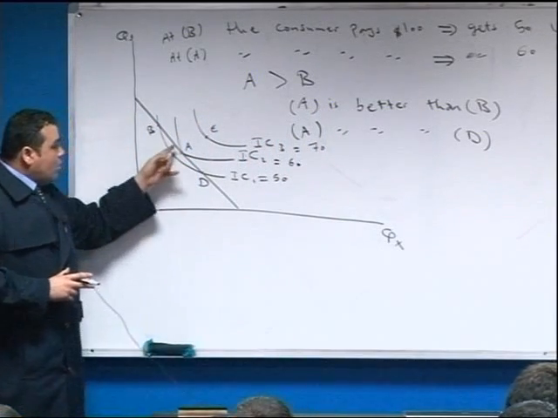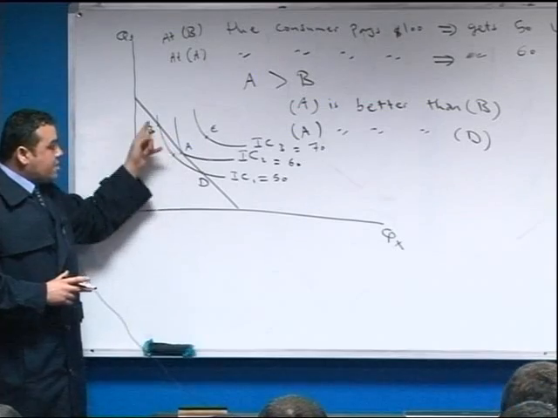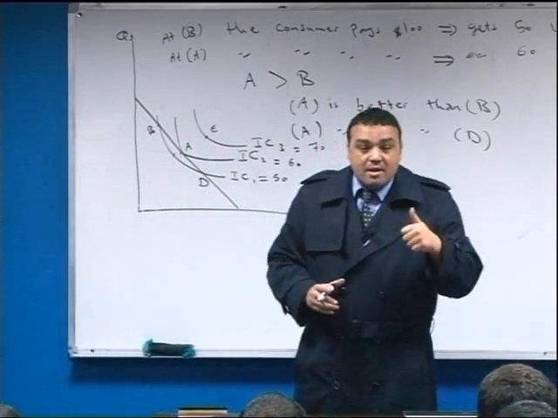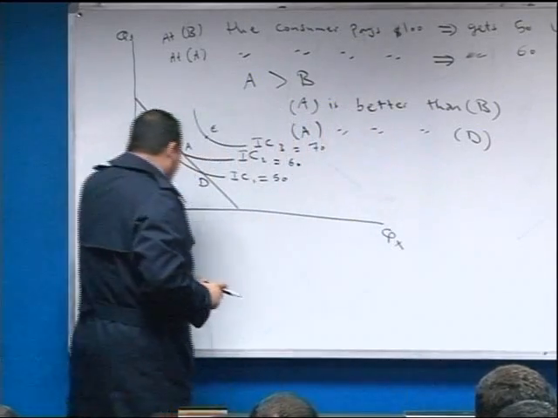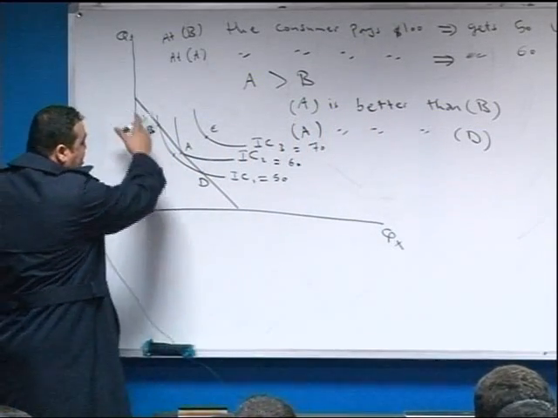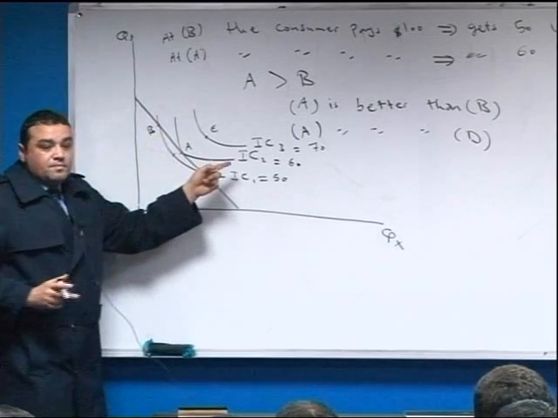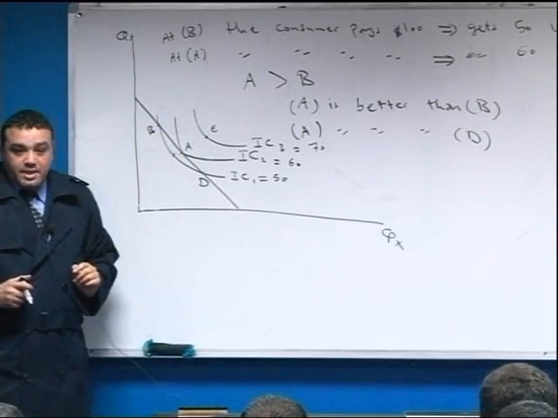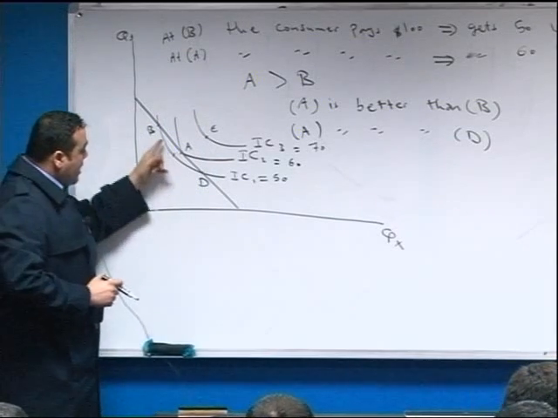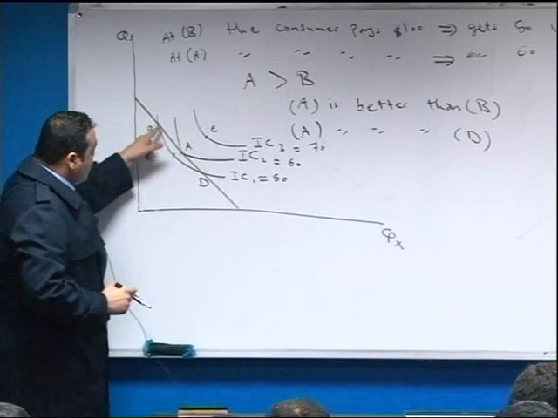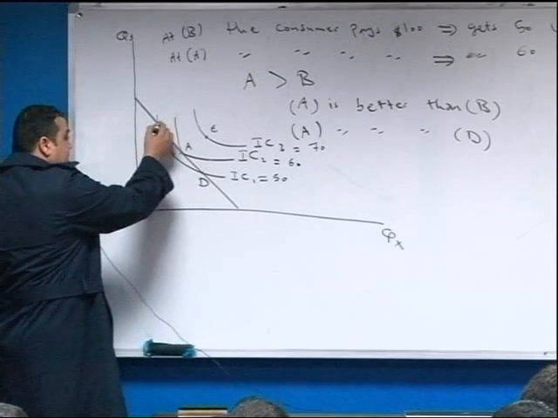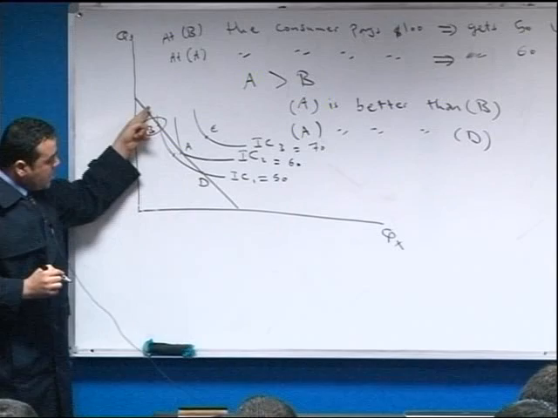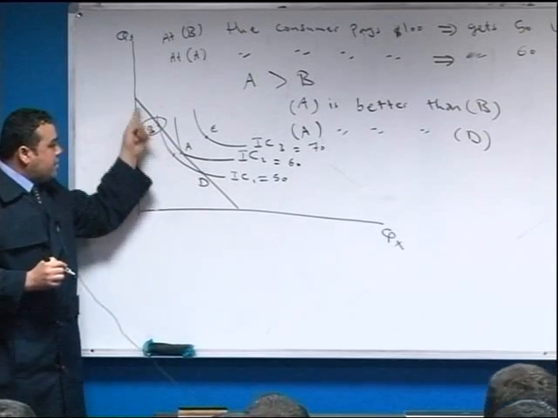So, which is the best point for the consumer in this case? Point A, because in this case the budget line is tangent to the highest indifference curve. At point B, there is an intersection between indifference curve 1 and the budget line.